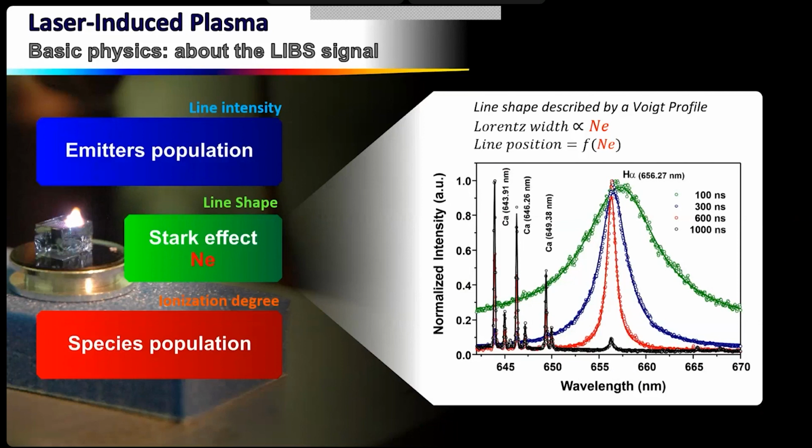So basically, all the lines that we measure will have the contribution of the Stark effect, which is Lorentzian, and the spectrometer response that is more Gaussian. So if you want to model a line in a LIBS plasma, you will use a Voigt profile, the convolution of the two.